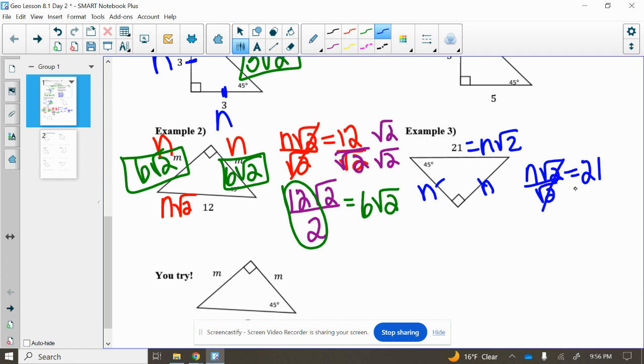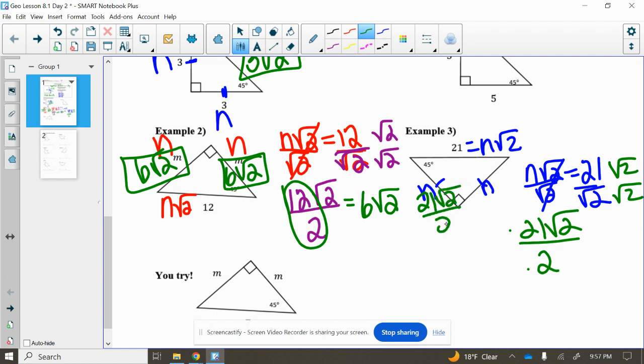Now this time when we divide both sides by the square root of 2, and we rationalize, we get 21 over square root 2, or times square root 2 in the numerator, since square root of 2 times square root of 2 is 2. 21 and 2 are not divisible this time. So our final answer for our side lengths is 21 square root 2 over 2 for both of those legs.